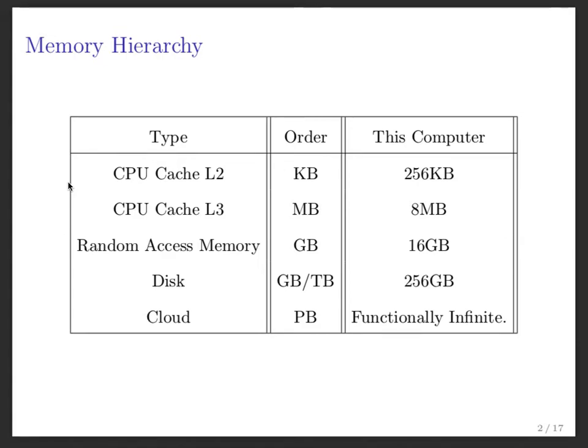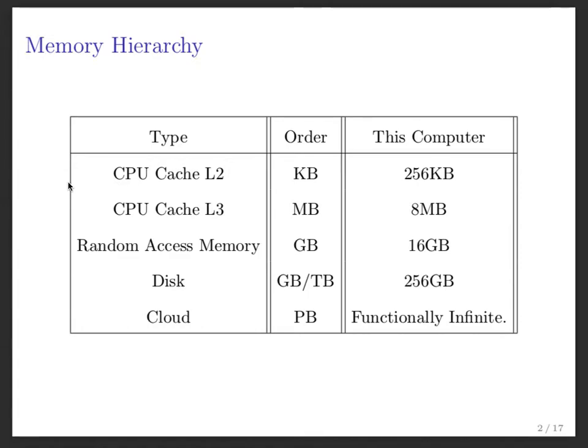RAM, random access memory, typically is measured in gigabytes. My computer has, I don't know, let's go back to this gentleman. 32. Wow. Big star on campus. So that gentleman has 32 gigabytes of RAM. And I'll tell you what my values are for these.